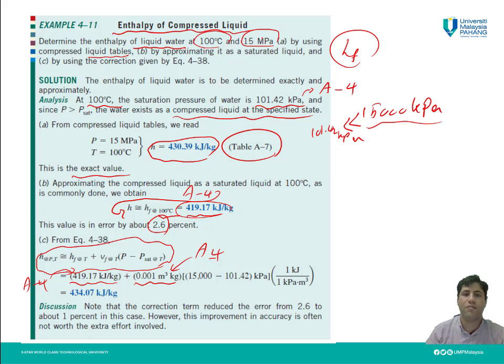P, which we have here, is 15 megapascal or 15,000 kilopascal, minus the saturation pressure, which is 101.42, again from table A4. If we substitute here and use the unity conversion ratio, we will find this much as the enthalpy for water as a compressed liquid with these properties, which is 434.07.